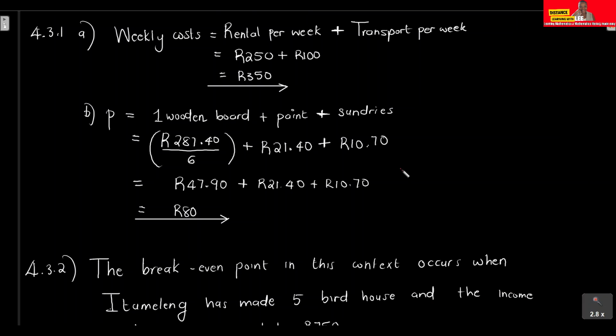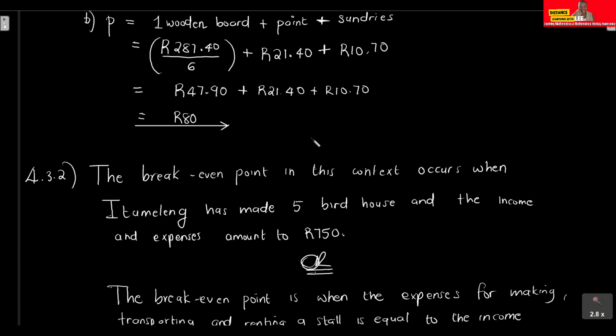In this case, your fixed costs are the rent of the stall and the transport. Variable costs are the amount of wood or boards, the paint, and the sundries that you'll need, which vary depending on how many bird houses you want to create.